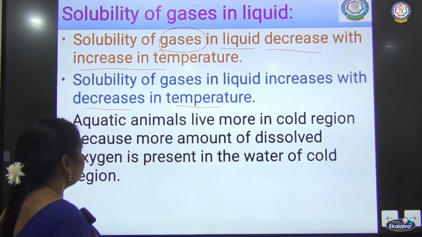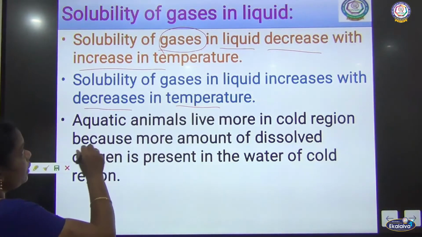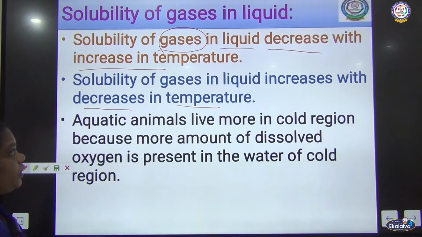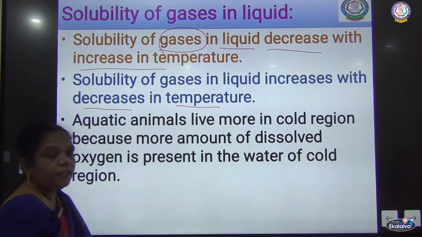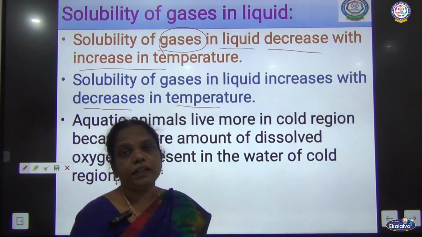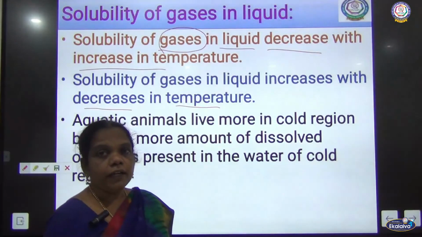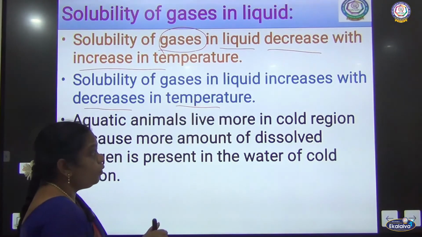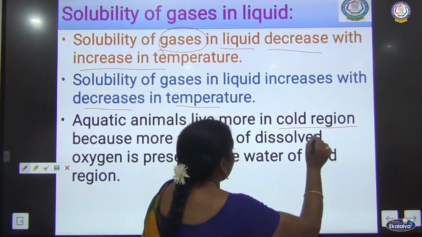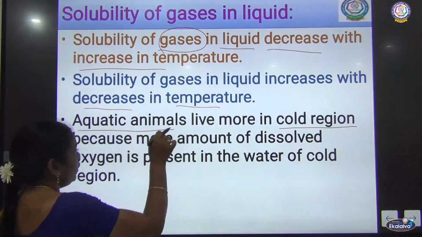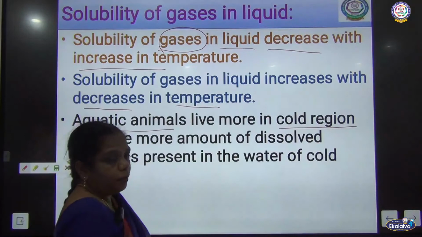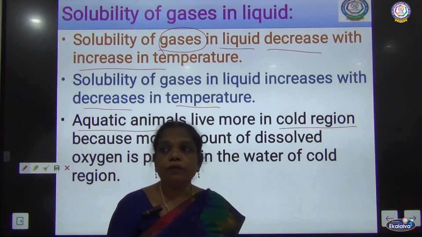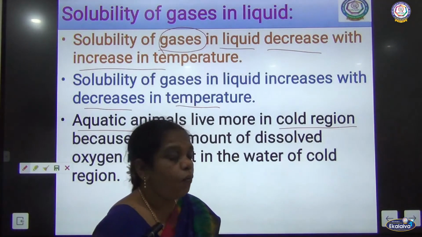And next, in the aquatic region, the solubility of gas in liquid increases with decrease in temperature. So aquatic animals live more in the cold region, because more oxygen dissolves in water.